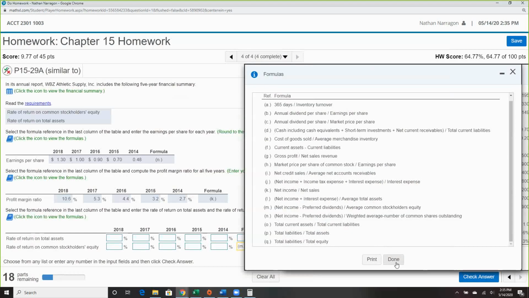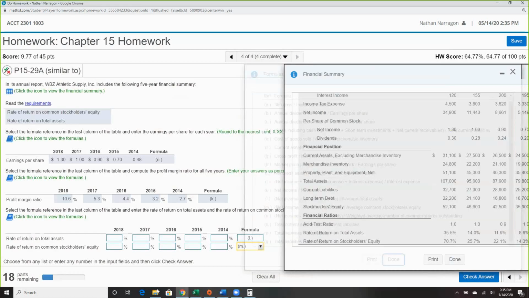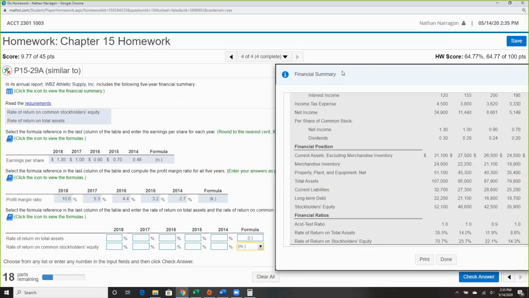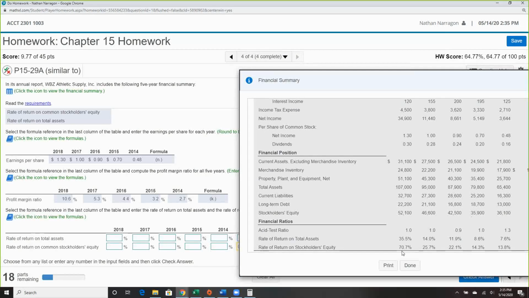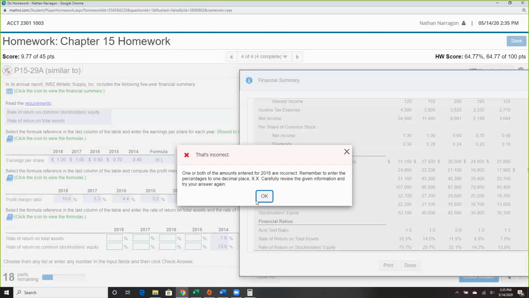Again, I'm figuring it's giving us the percentage already for each year. So 7.6, 13.8. I'm going to go ahead and verify that that's correct.